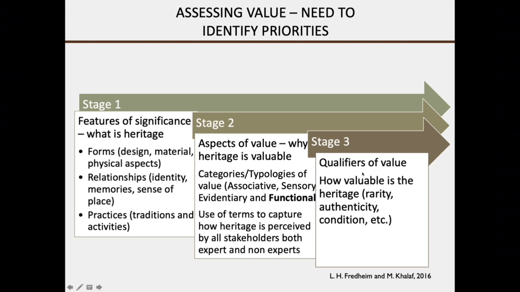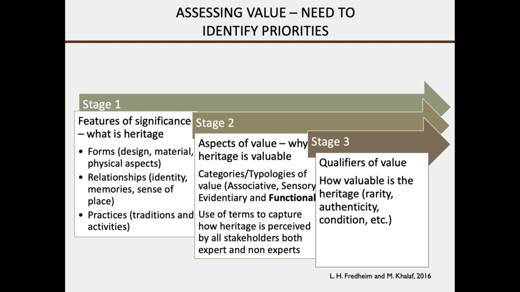This is work done by Fredheim and Khalaf in 2016, and in their work they divide this value assessment process into 3 different stages. In stage 1, which they call the features, the features of significance are identified.